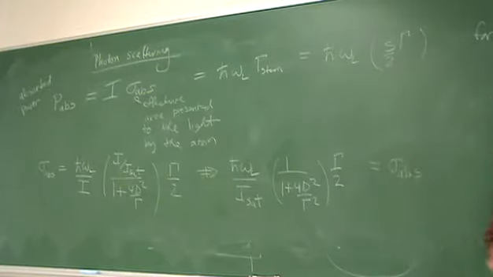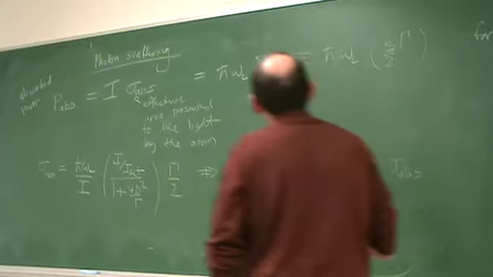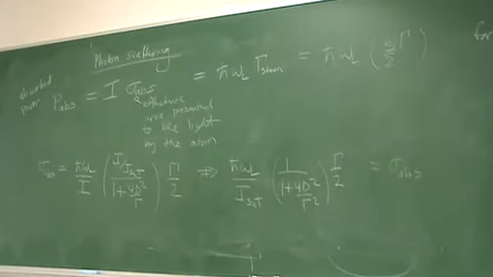Well, this is not a particularly useful expression as it stands. Let me state a few things. First of all, let's look at this on resonance. Let's look at what this absorption cross-section is on resonance.